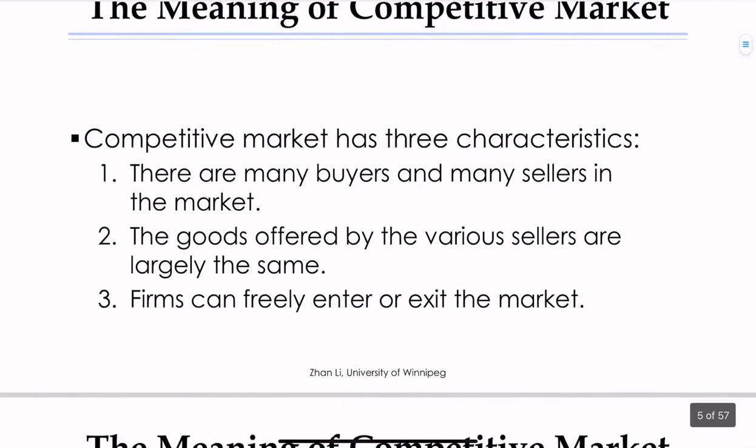You can see that the competitive market has three features. The first feature is we have many buyers and many sellers. The second feature is products in the market are roughly the same. Third, we also assume firms can freely, costlessly enter or exit the market.